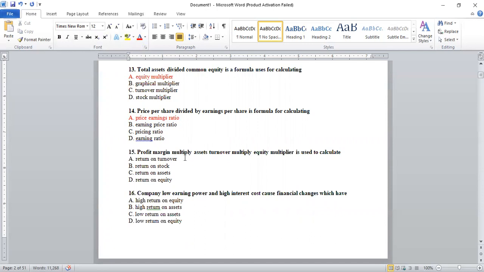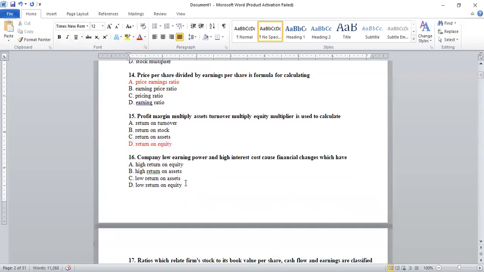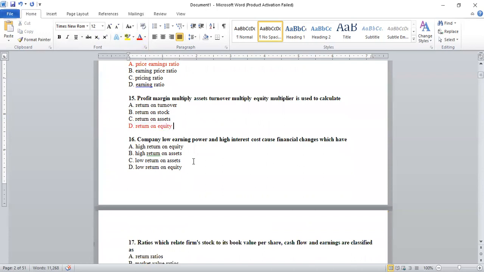Profit margin multiplied by asset turnover multiplied by equity multiplier is used to calculate return on equity. The next: a company with low earning power and high interest costs causes financial challenges, which have a high return on asset.